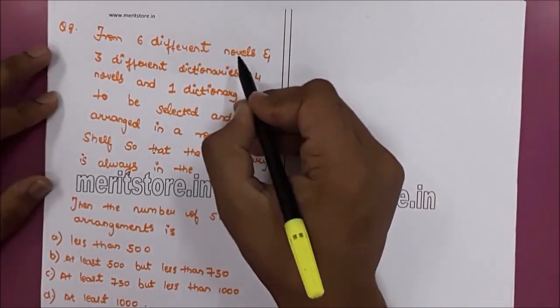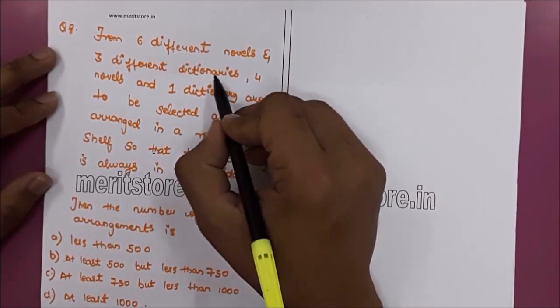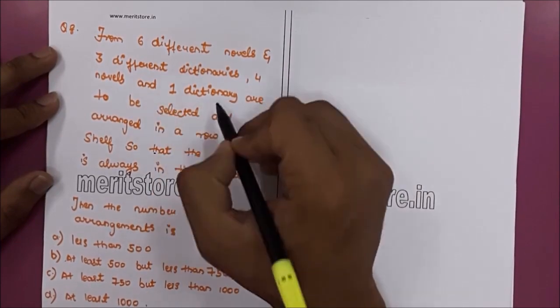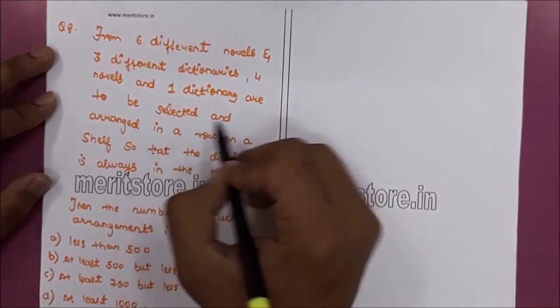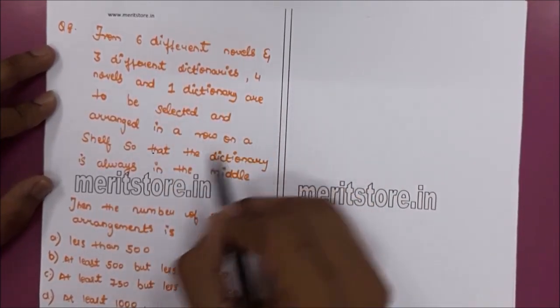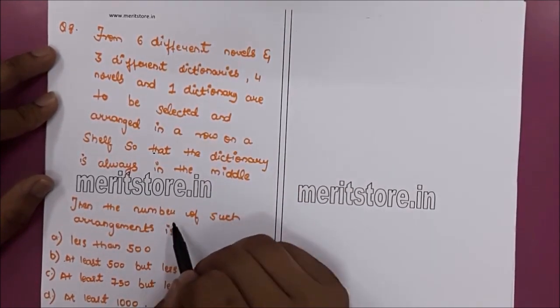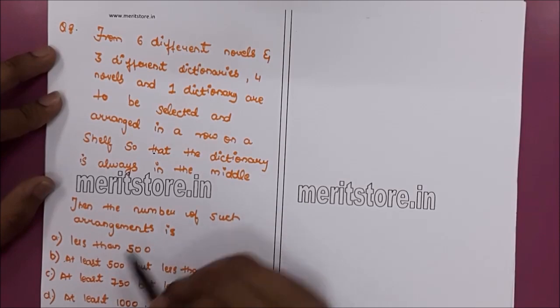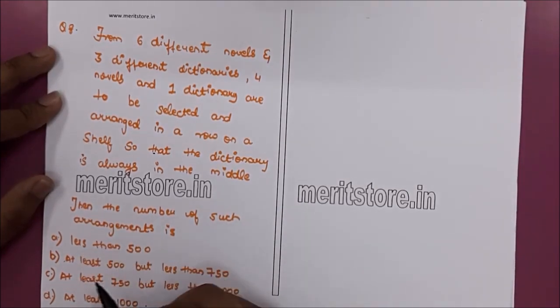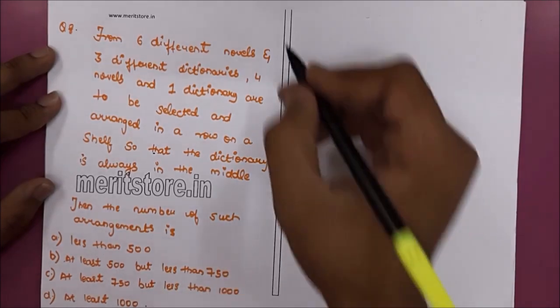From 6 different novels and 3 different dictionaries, 4 novels and 1 dictionary are to be selected and arranged in a row on a shelf so that the dictionary is always in the middle. Then the number of such arrangements is option A less than 500, option B at least 500 but less than 750, option C at least 750 but less than 1000, option D at least 1000.